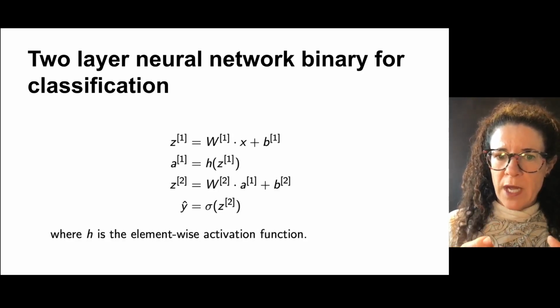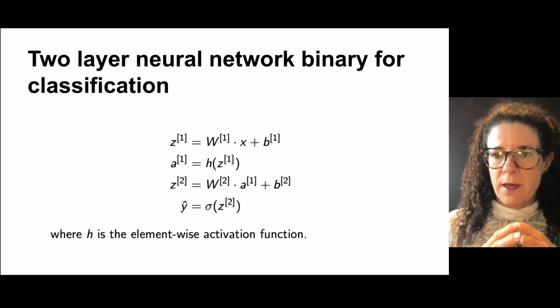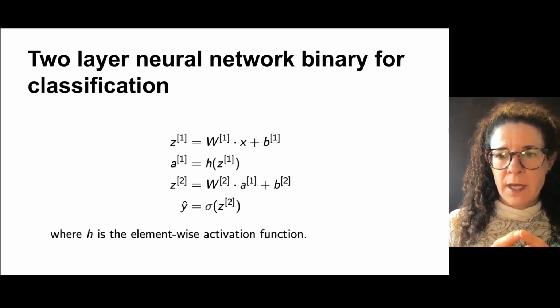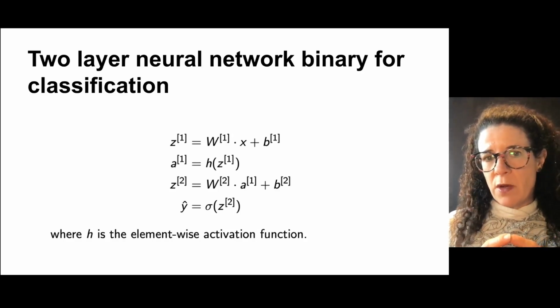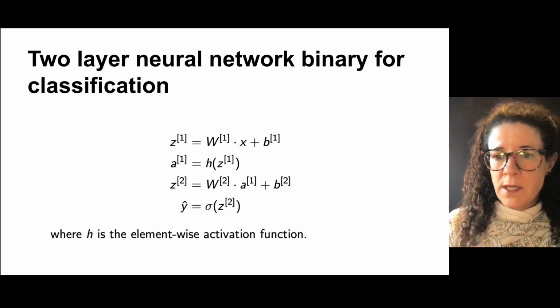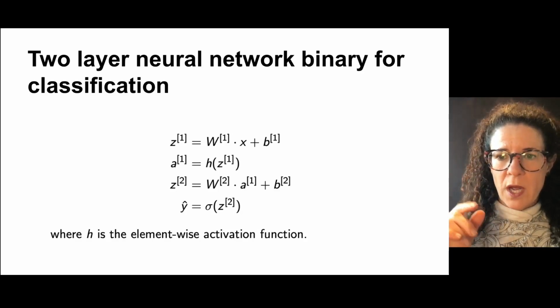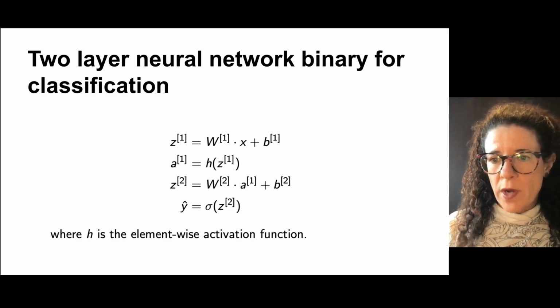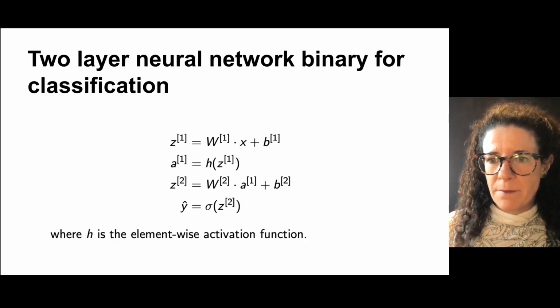To the output of that, we apply a linear transformation again, and then after that we apply a sigmoid function. For the case of binary classification, z2 has to be one number, so that we then apply a sigmoid function to that number to get a probability.